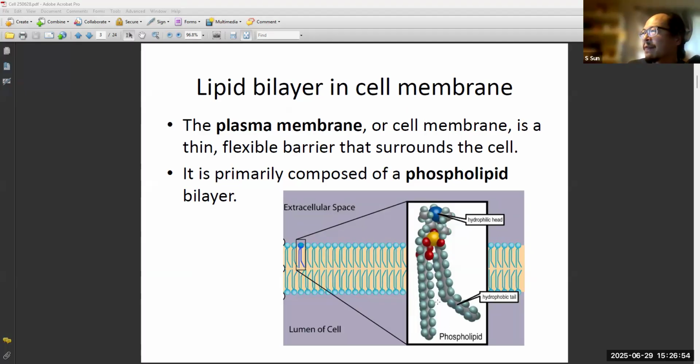A phospholipid is a lipid, as we learned in our prior lecture. There are several forms of lipids, but a group of lipids are polymers. And you can see here that the phospholipid is a polymer.